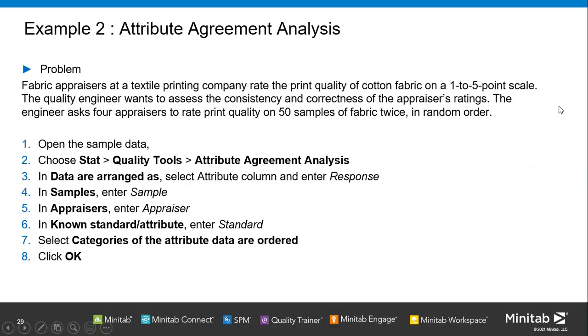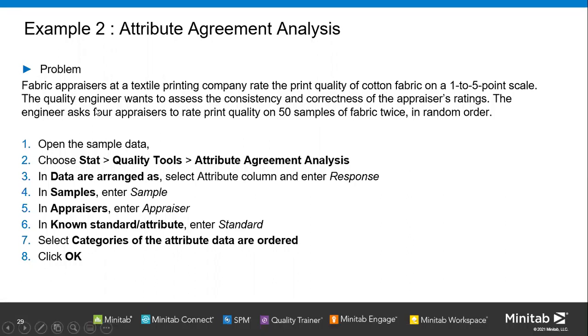So for example here, we have one case study. The fabric appraisers at a textile printing company rate the print quality of cotton fabric on a 1 up to 5 point scale. So 1 to 5 is the rating.